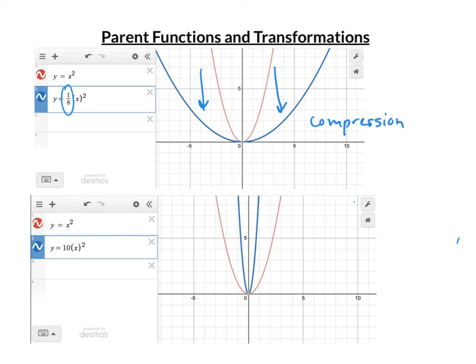And look at the bottom one, y equals x squared, so the red is the original. And when I multiply it by 10, the y values get larger. It pushes it away from the x-axis. This is a stretch. So take a look at those, study it, think about it, because it's in every chapter. You got to get it down.